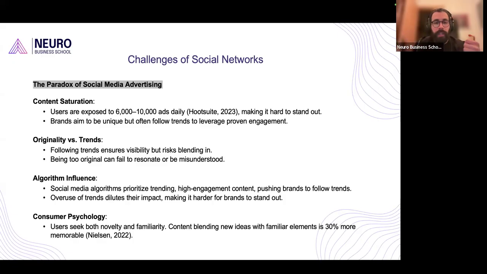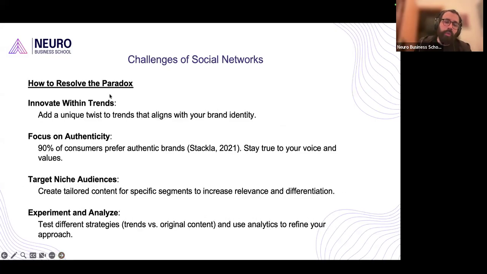They want something new, but at the same time, if something is too new, they don't like it. They want something that they can recognize. Content blending new ideas with familiar elements is 30% more memorable. Okay, let's talk about how to resolve this paradox, because we mentioned the problem, but let's talk about possible or potential solutions that we can apply in this case.